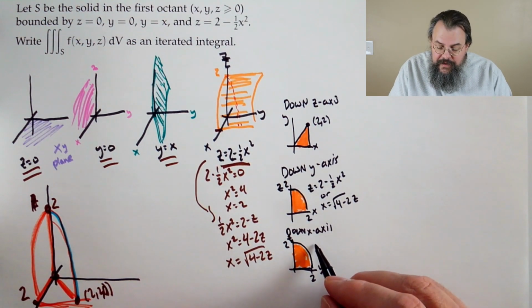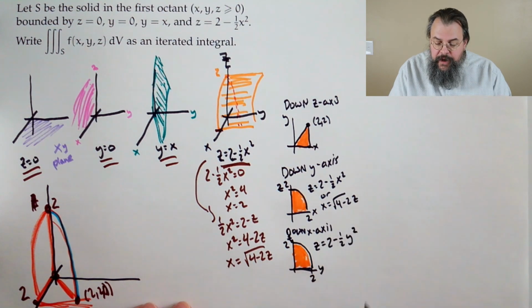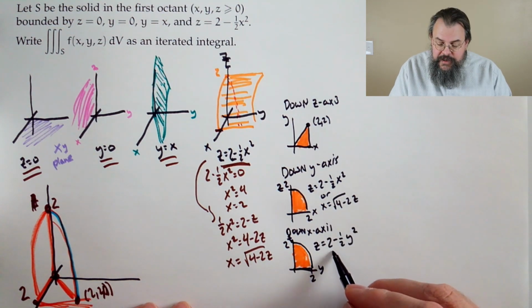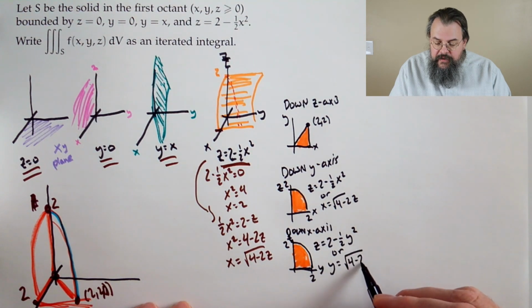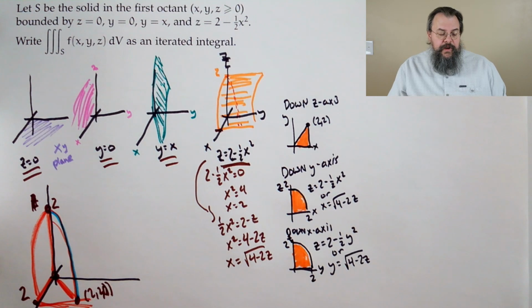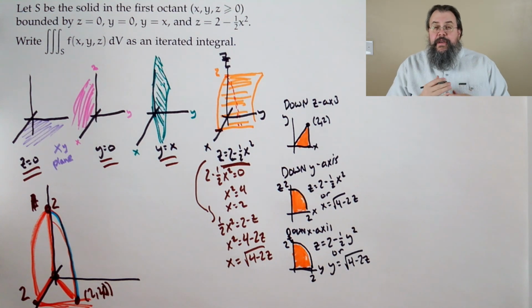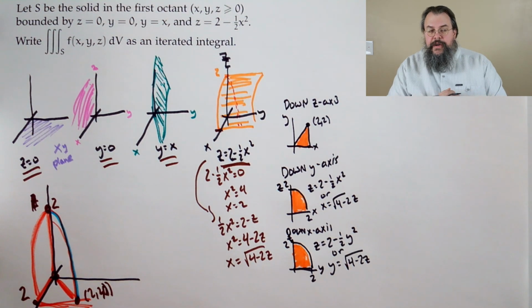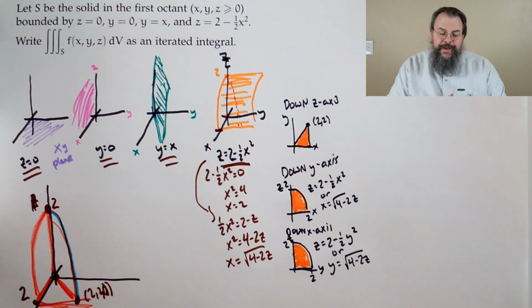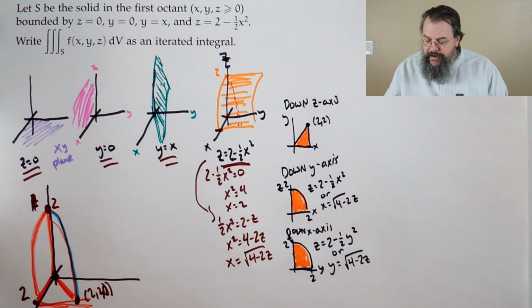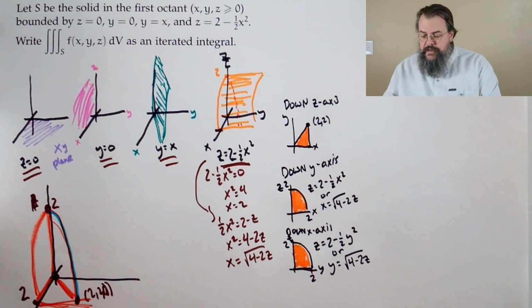So this is z equals 2 minus 1/2 y squared. And of course, I can also solve for y, so that's the square root of 4 minus 2z. Okay, so now we have our beautiful pieces all set to go. And of course, the one thing that we really don't have now is a lot of space to write down our answer. We'll get some more space here in just a second.